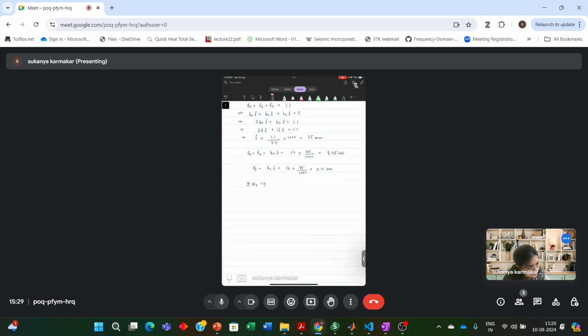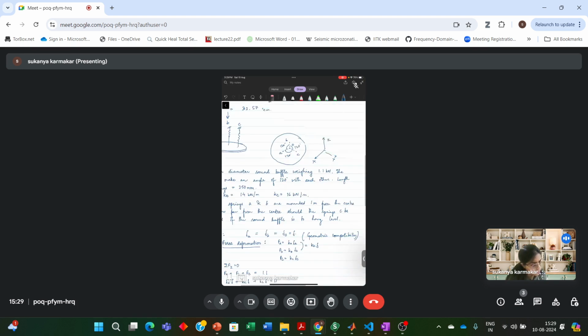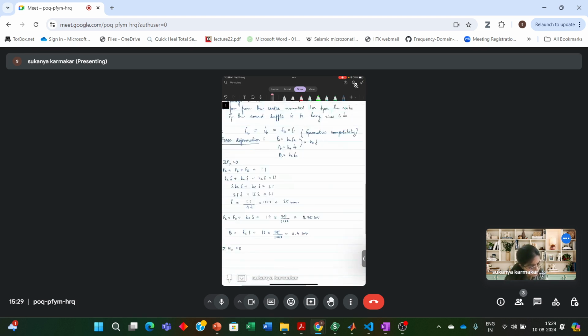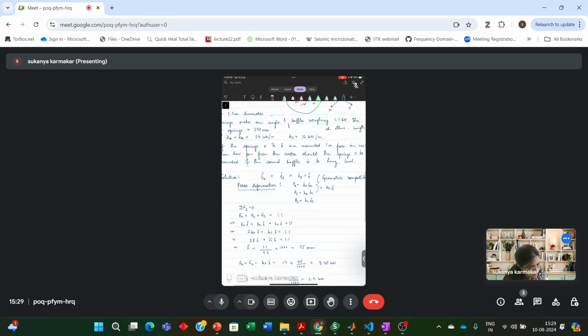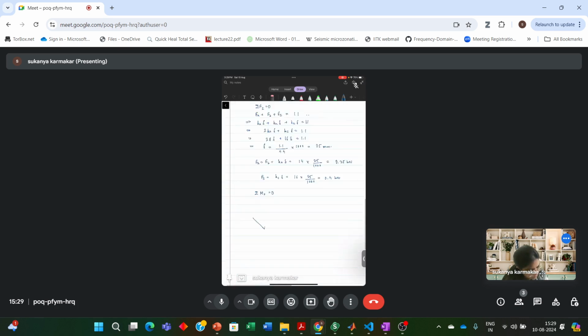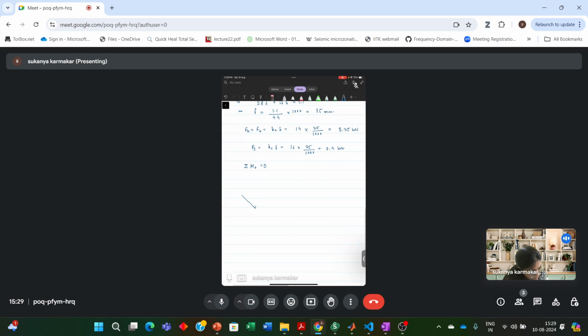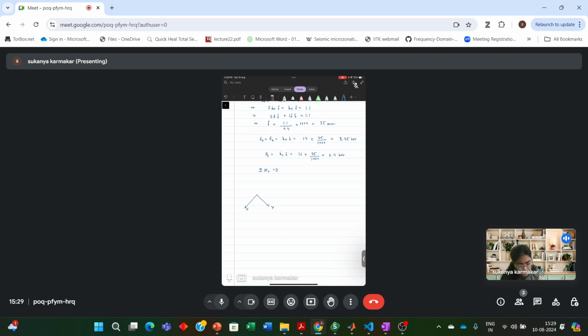Let's say, this is your x and y axis. And your springs are at an angle of 120 degrees from each other.